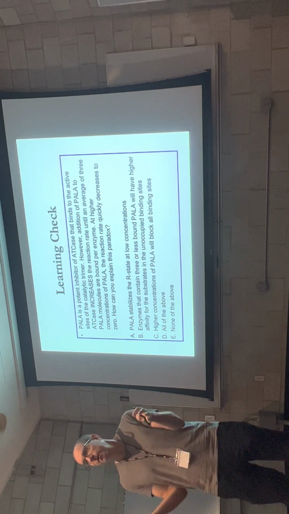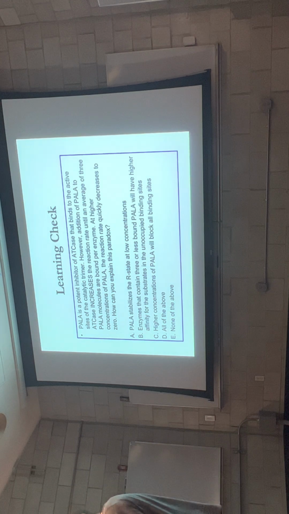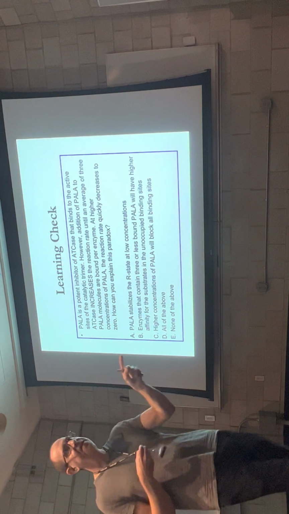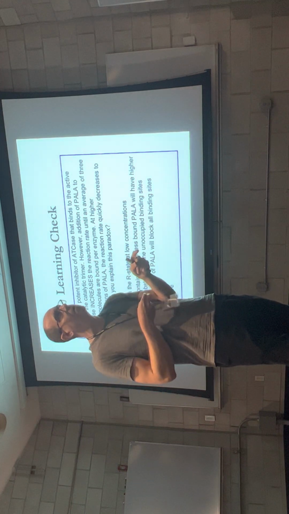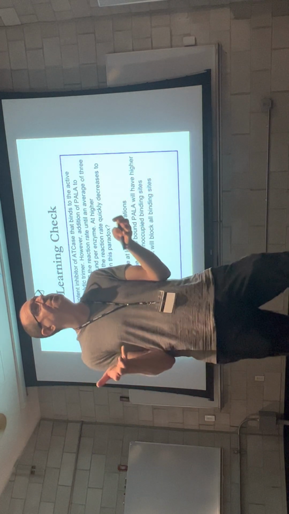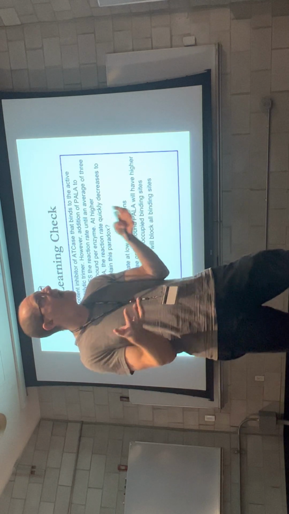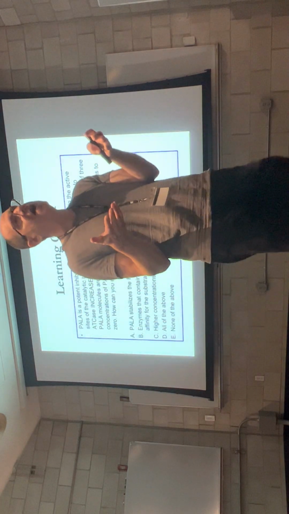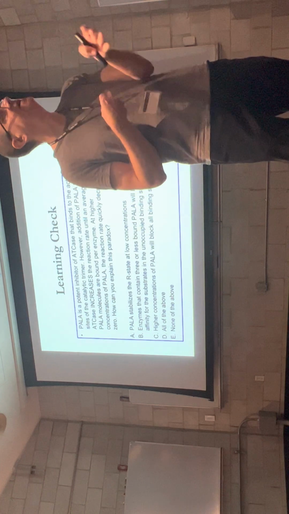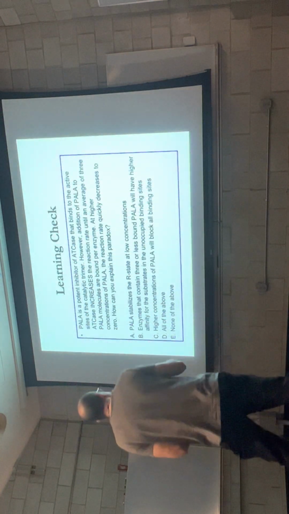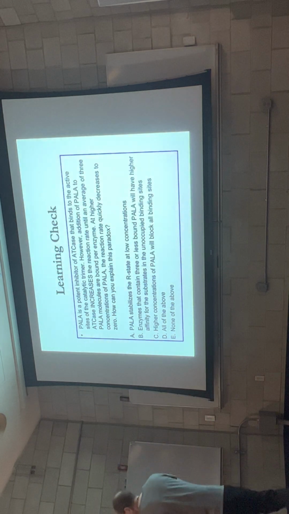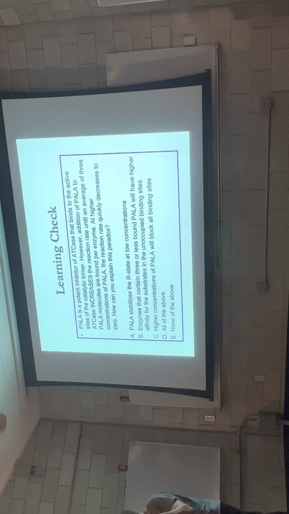That's also true, because the binding of PALA even to one of those 6 active sites in an ATCase heterododecamer will change the conformation to the R state. And now, those 5 active sites will display high affinity binding for substrate. So that's why that's true. Enzymes that contain 1, 2, or 3 PALA will now be in the R state, and as such, their affinities will increase for substrate.